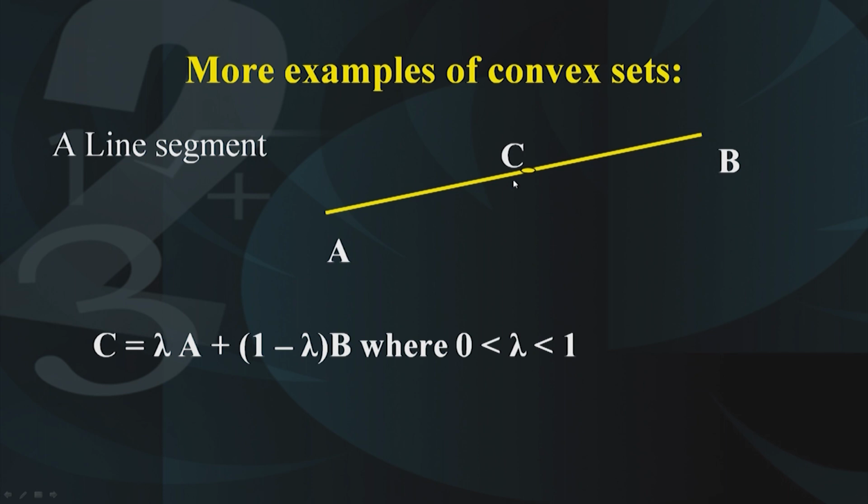Because if you take any point C on this line segment, it can be written as C equals lambda times A plus 1 minus lambda times B, where the value of lambda lies between 0 and 1. In fact, if the strict inequality is converted into inequality, that is, if equality is also included, it will also take into account the endpoints A and B. But in this example I am trying to show that the line segment joining any 2 points A and B is also a convex set.